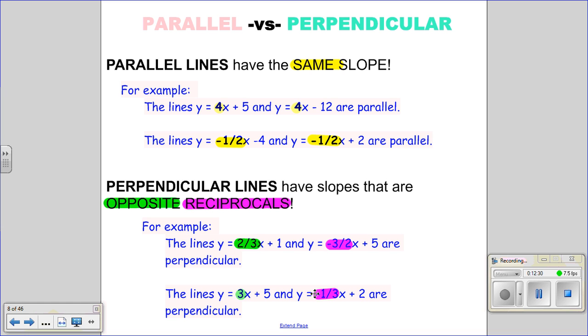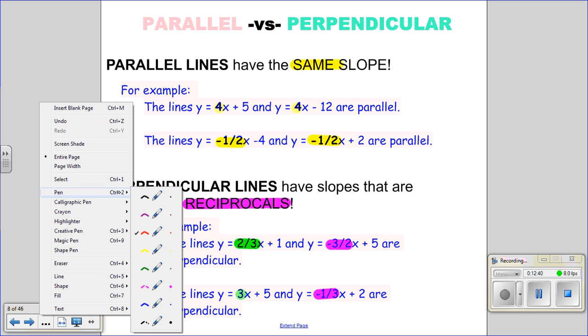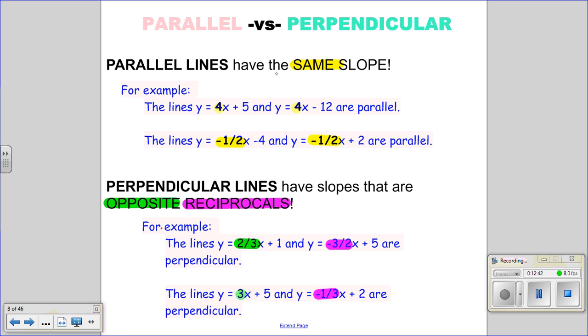Now we get into parallel versus perpendicular. What you need to remember is that parallel lines will have the same slope. Parallel, same. Also remember that parallel lines never ever intersect.